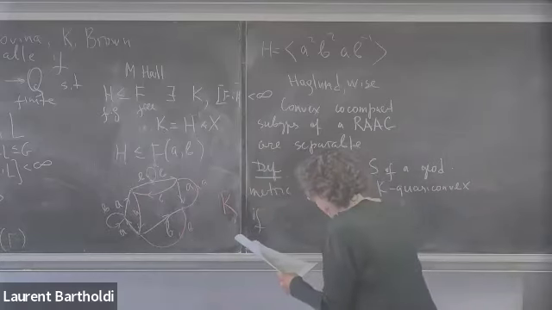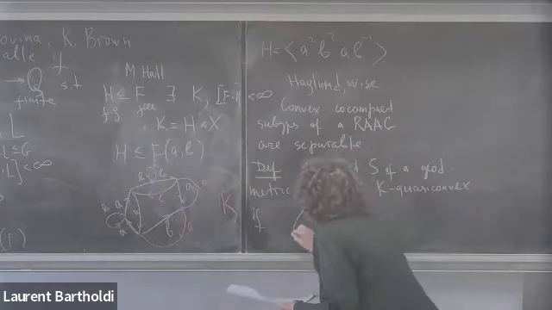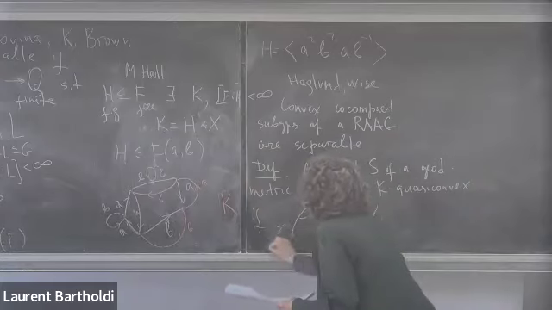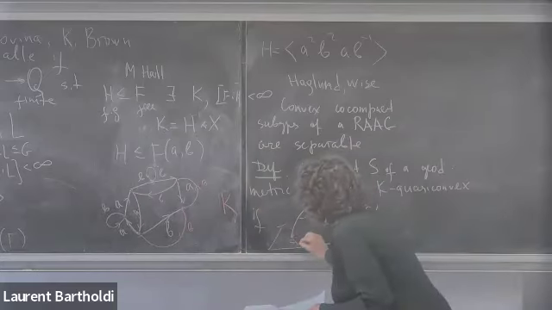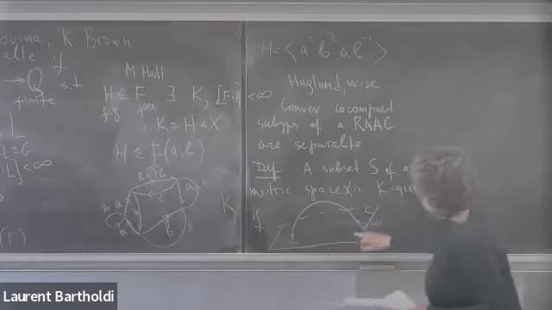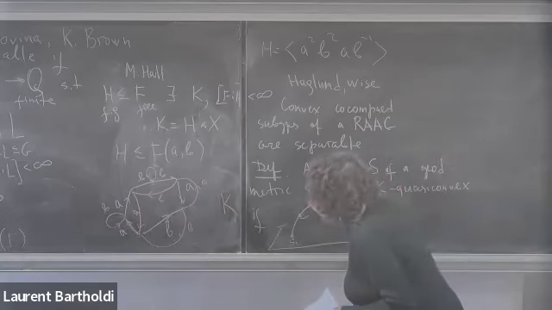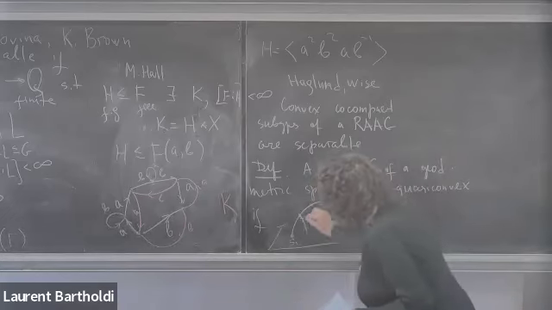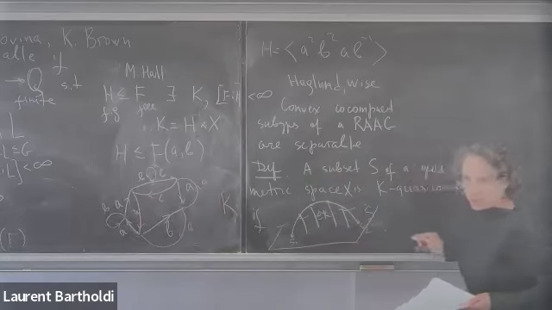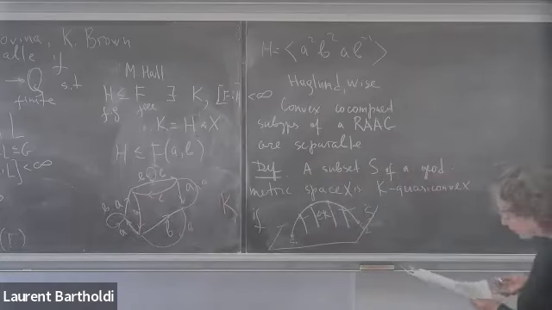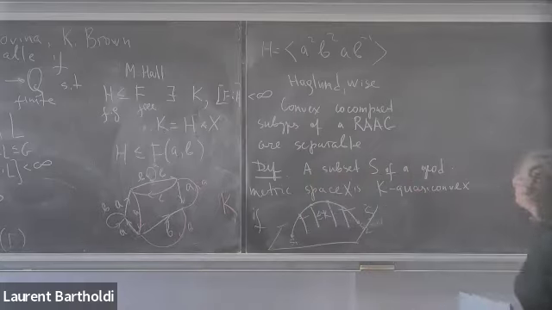if for every geodesic in the space X, so if you have a geodesic, this is my subset S, if I have a geodesic with initial and terminal points in S, then this geodesic is in the K-neighborhood of S. Okay, so this is what quasi-convex means.